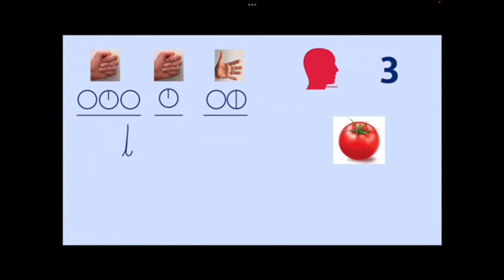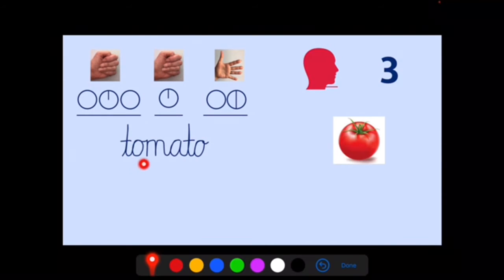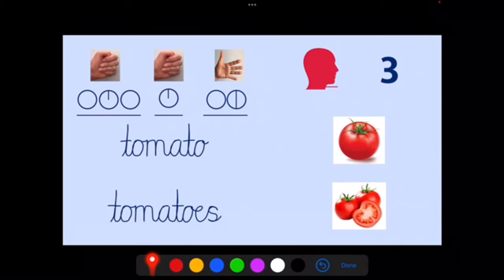So, tomato. I could hear the first syllable here. Then I could hear a. Then I could hear toe. And if we have more than one tomato, we add suffix es.